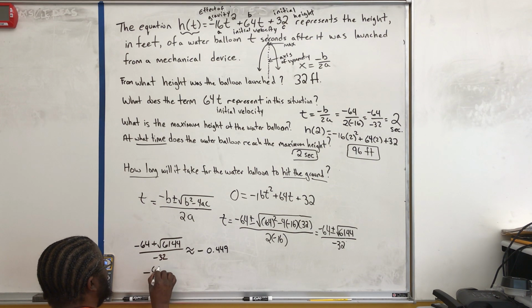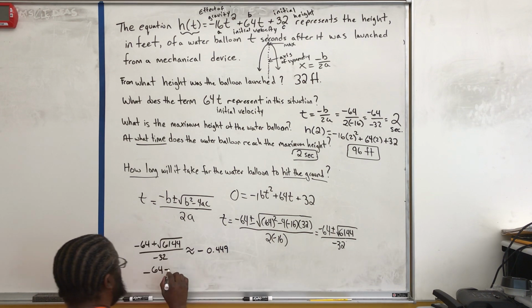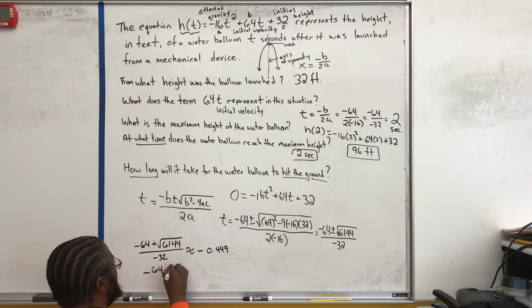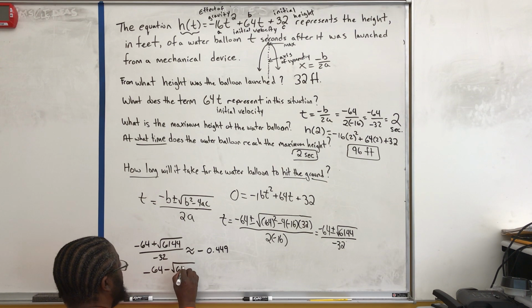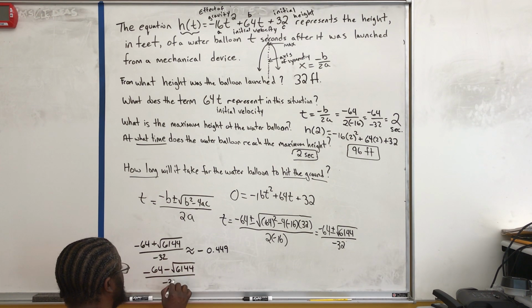Negative 64 minus, we have the plus and the minus. Plus or minus means there's two different problems. So negative 64 minus the square root of 6,144 divided by negative 32. And let's see what that answer gives us.